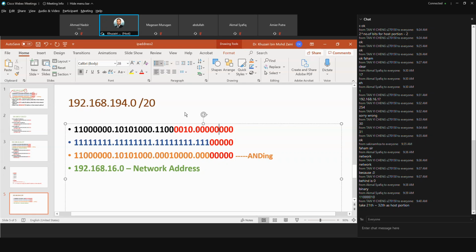Okay. So if you convert /20 to the subnet mask, this is what you get.